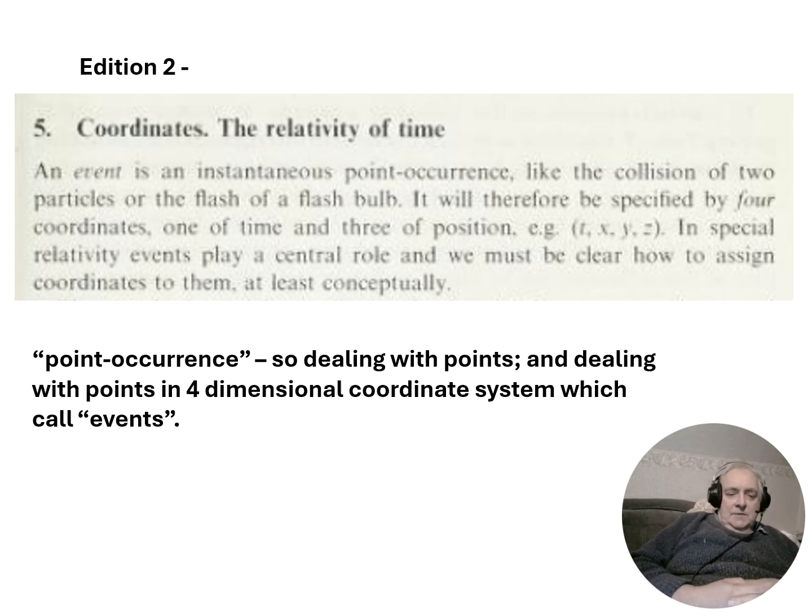In special relativity, events play a central role, and we must be clear how to assign coordinates to them, at least conceptually. So my note on that is a point occurrence, so dealing with points in a 4-dimensional coordinate system, which are called events.